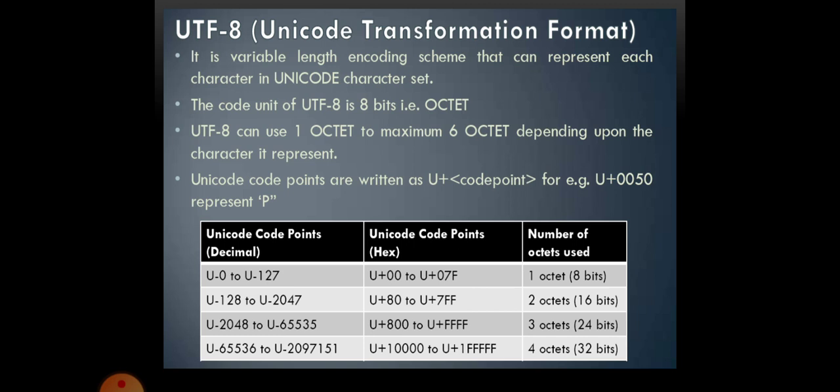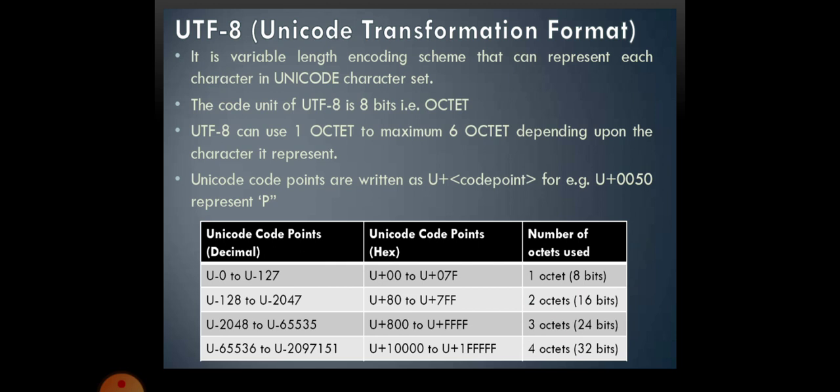The Unicode Transformation Format is a variable length encoding scheme that can represent each character in the Unicode character set. UTF-8 is an 8-bit octet. It can use one octet to a maximum of 6 octets depending upon the character to represent. For Unicode 0 to 127, each uses octets 1, 2, 3, 4.